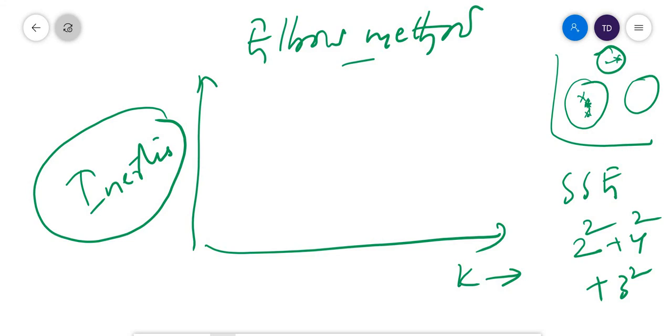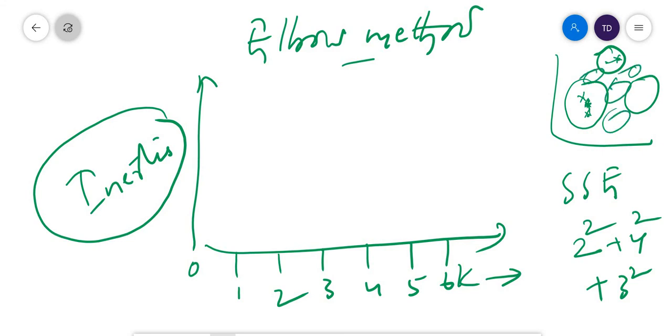And the K here is 0, 1, 2, 3, 4, 5, 6. When you plot this graph, as K increases, the sum of the squared distances decreases and finally becomes 0. As K increases, the number of clusters increases, this distance decreases and finally becomes 0.